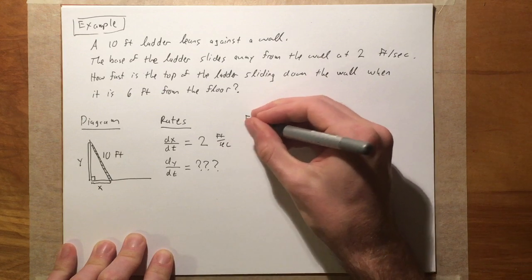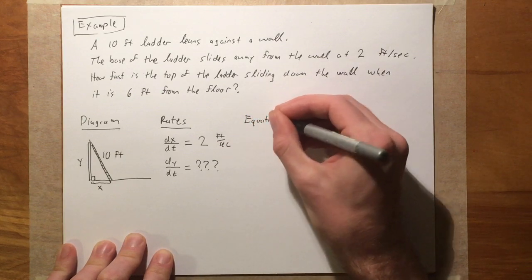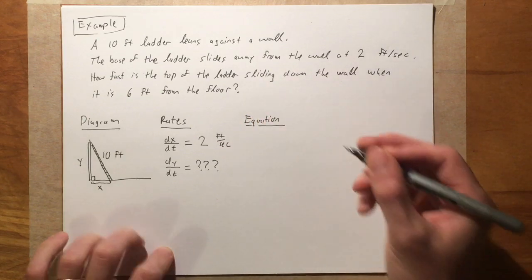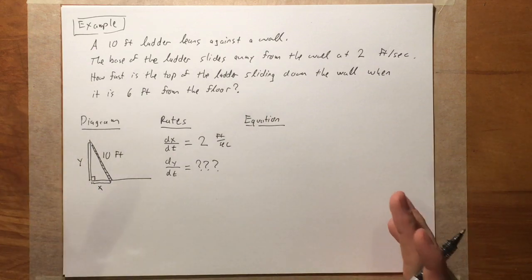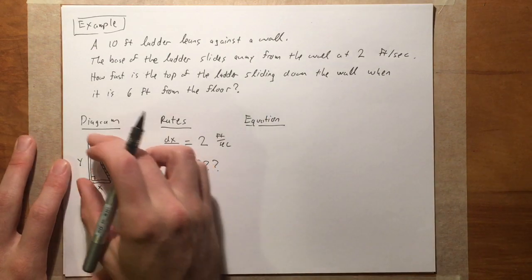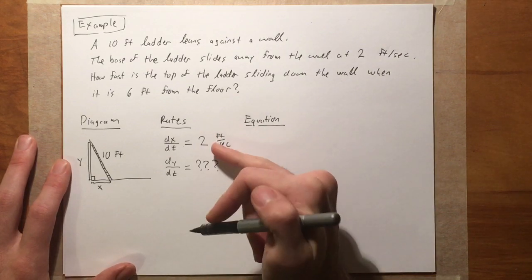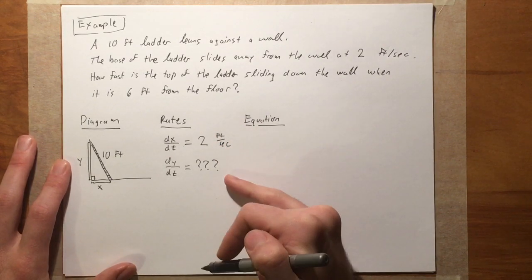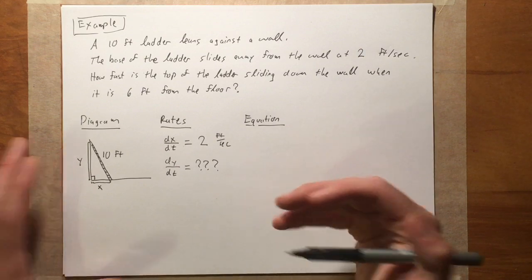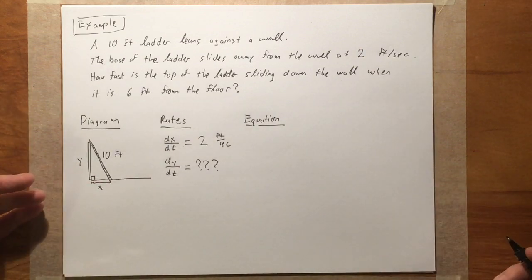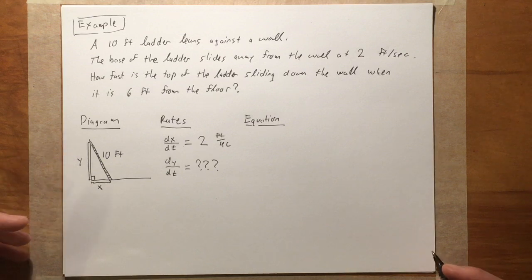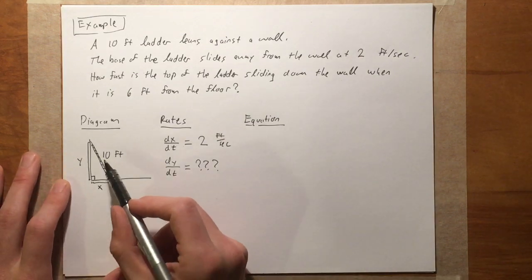So next, I'm going to come up with an equation. And what I want to do is choose some kind of equation based on this triangle that involves the variables that I know the rate of and that I want to know the rate of, as well as any constant values that I might happen to know. So in this situation, I have the length of the ladder.